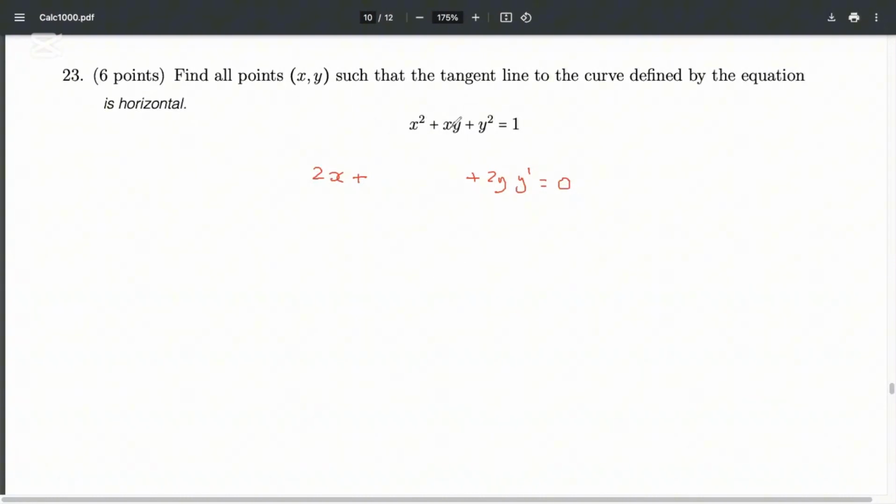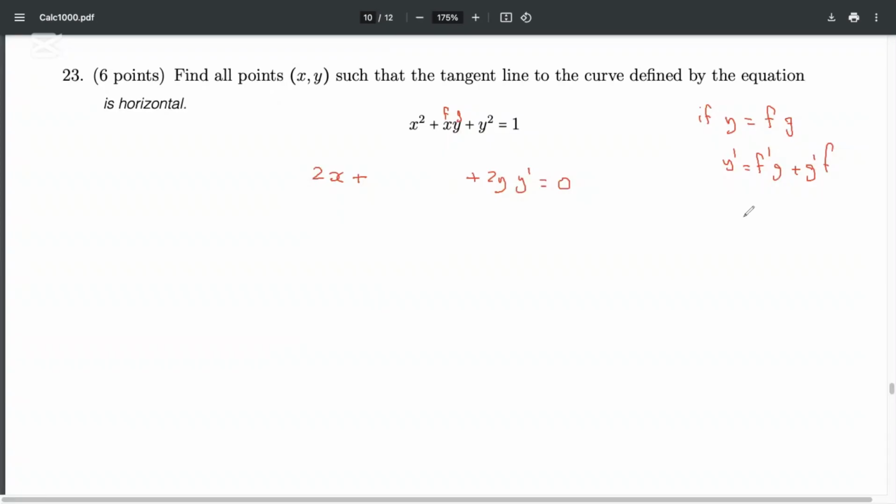The derivative of any constant is 0. Now here, this is a product. If y equals fg, then y prime would be f prime g plus the g prime f. Now, this is f, the x, and y is the g.